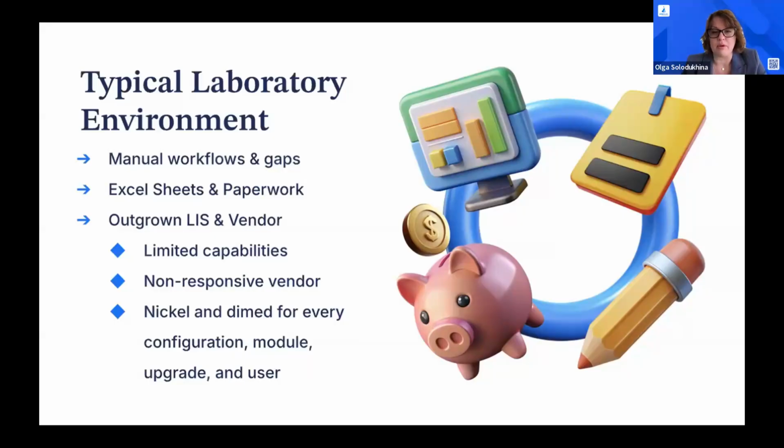Another problem of a lot of labs is that they cannot scale and grow, or they start small and they scale and grow, but then they outgrow their own system. They need something more profound. That's when we see a lot of labs coming to us looking for a very profound, advanced system.